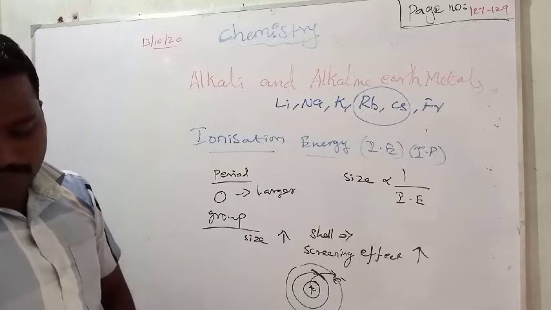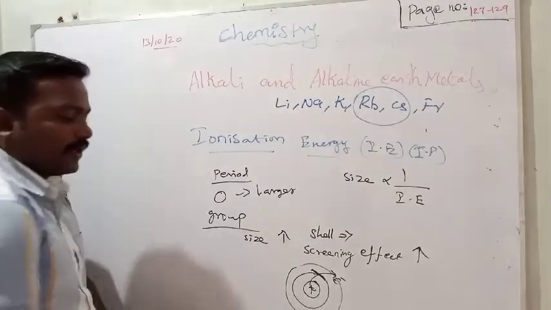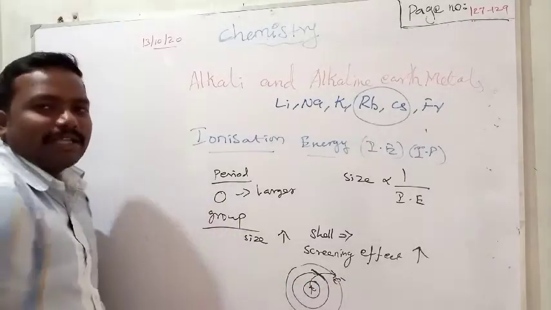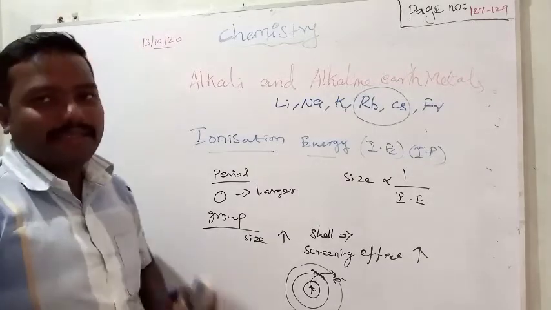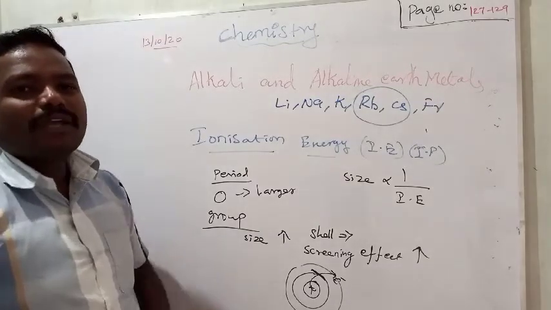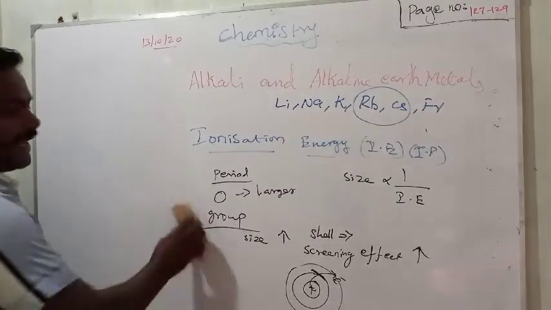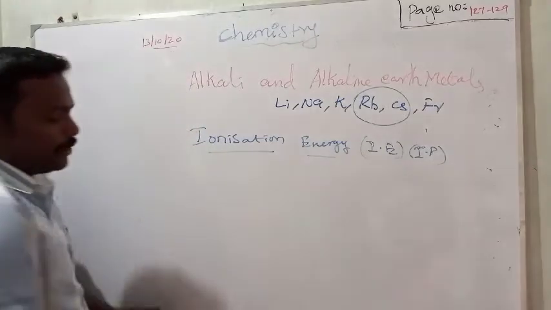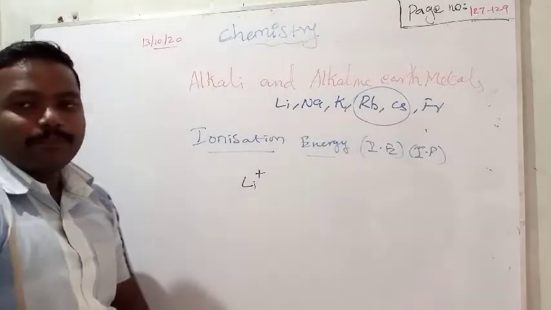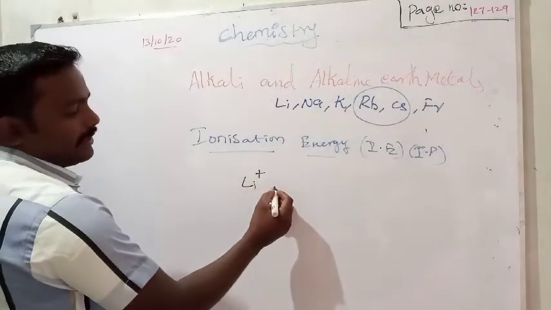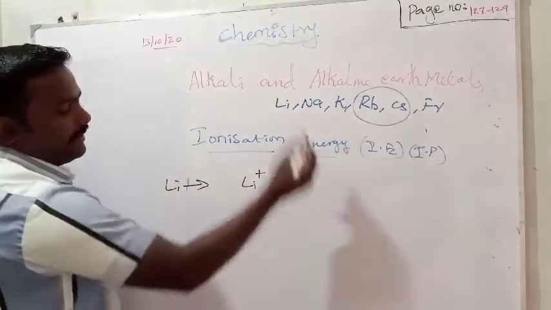And then what about the second ionization energy? First ionization energy means we are going to remove an electron from the outer shell of a neutral atom. Definitely we use low energy for the first ionization energy. In case you have already removed an electron, for example, take lithium.